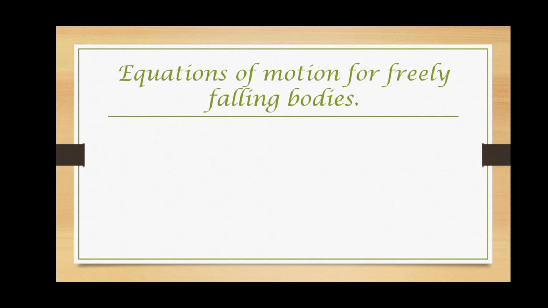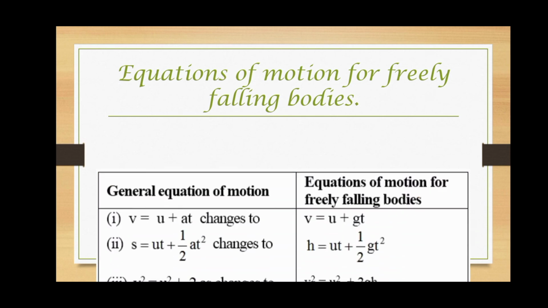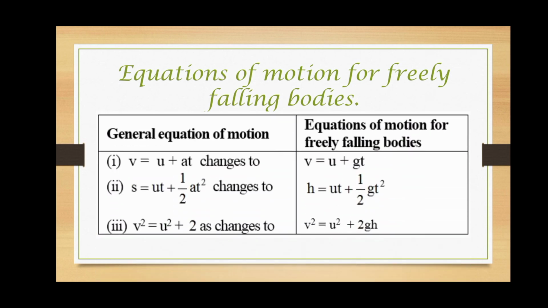For freely falling bodies, the acceleration due to gravity is g, so we replace the acceleration a in the equations by g, and since the vertical distance of the freely falling bodies is known as height h, we replace the distance s in our equations by the height h.